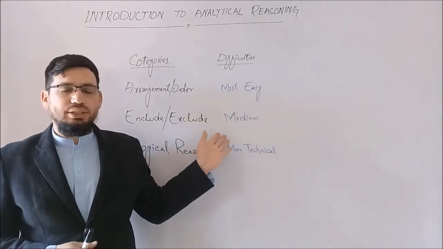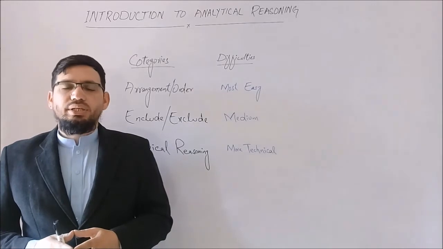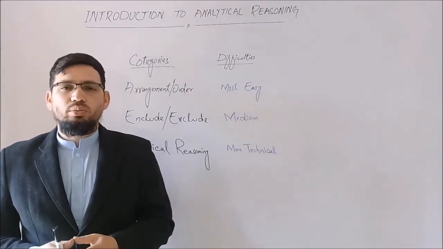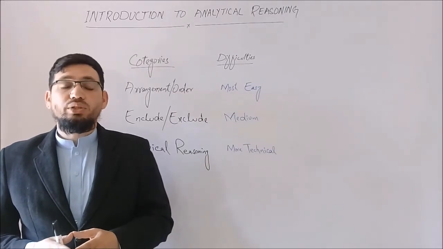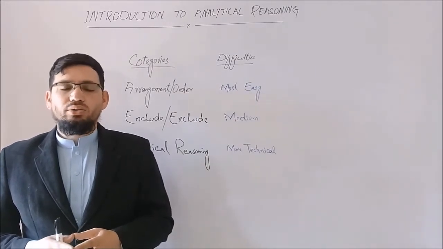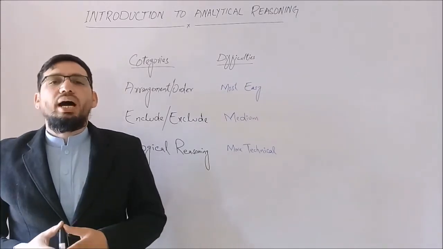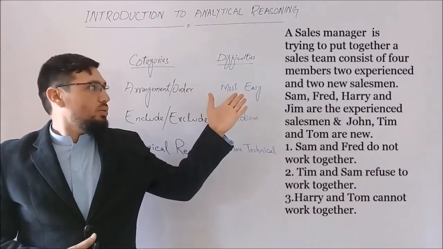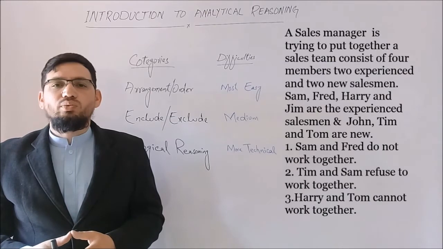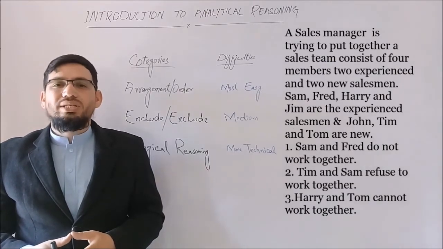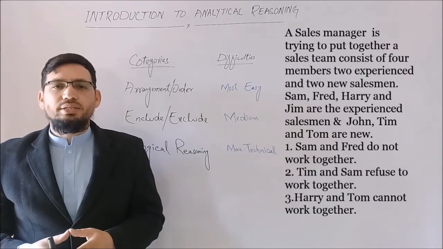Let's move to the second category, which is include-exclude. In the include-exclude category, normally we have to form a group with the given restrictions. Normally there is more than one possible way to form a group, but we have to use those restrictions. Over here, I will give you a simple example about the include-exclude category: the sales manager of a company wants to form a sales team from his 7 persons, using 4 experienced and 3 non-experienced persons.